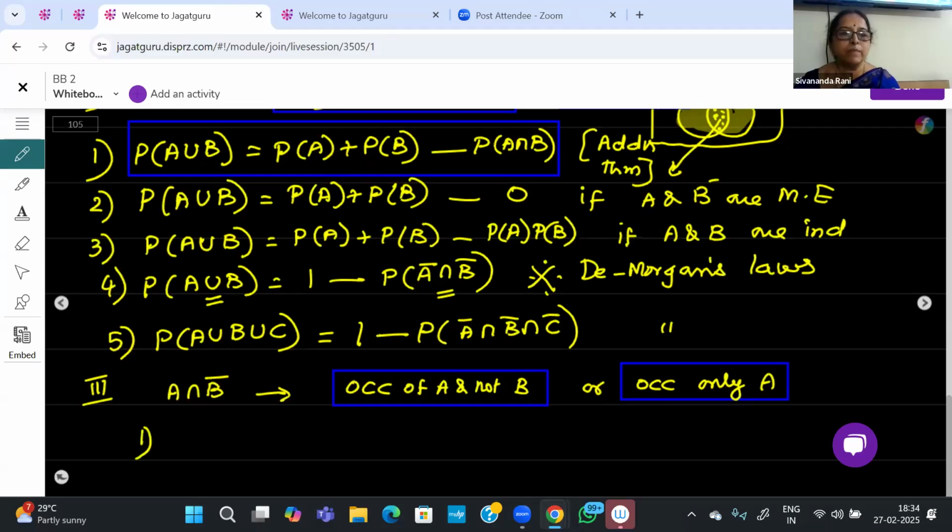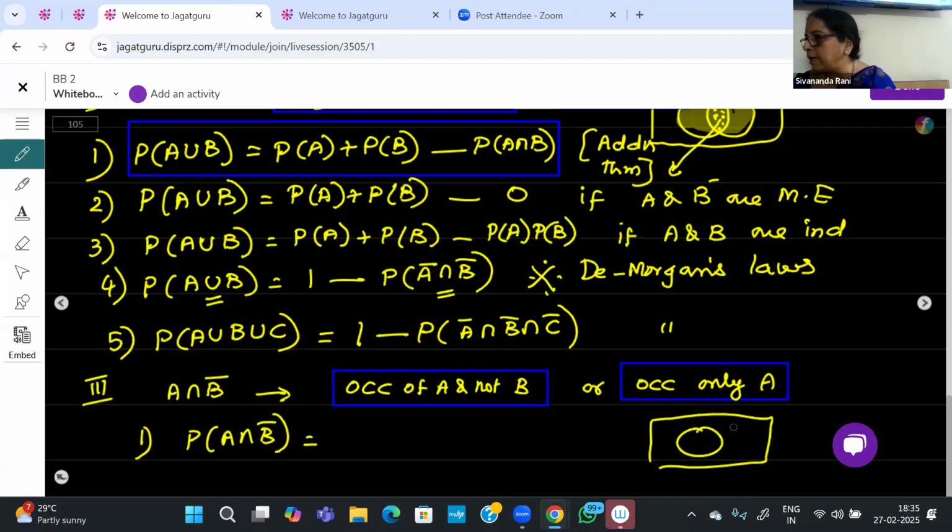Who's going to give me expressions for finding the probability of this event? I want A intersection B bar. Universally, for any event that I want, I actually can use what? The Venn diagram.